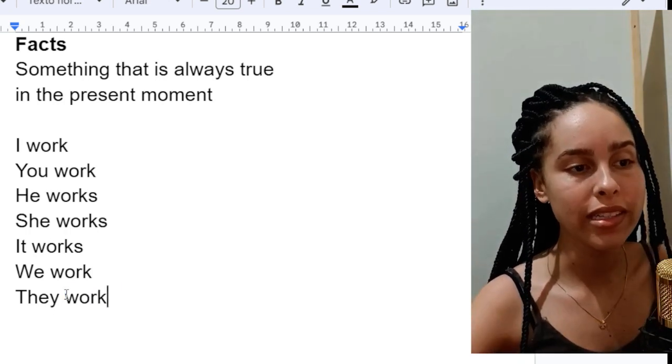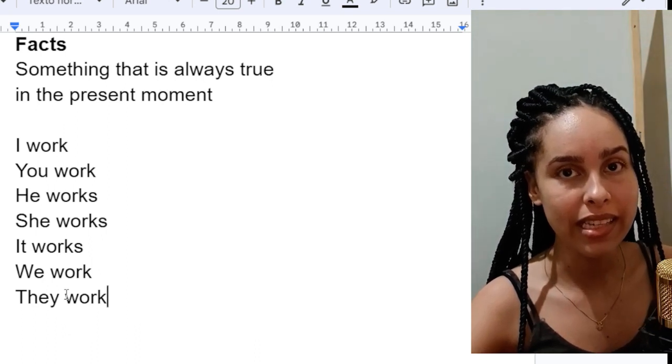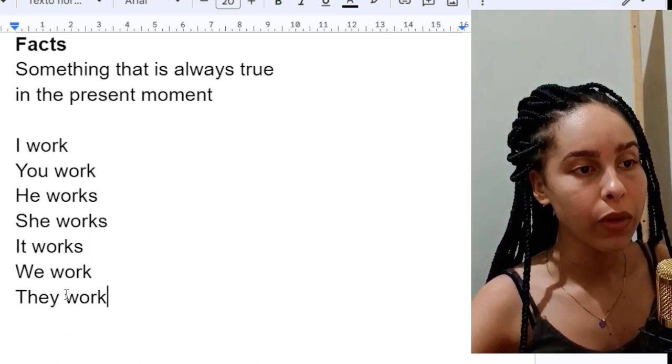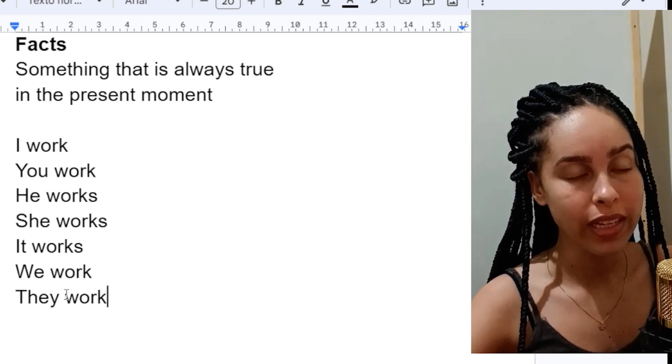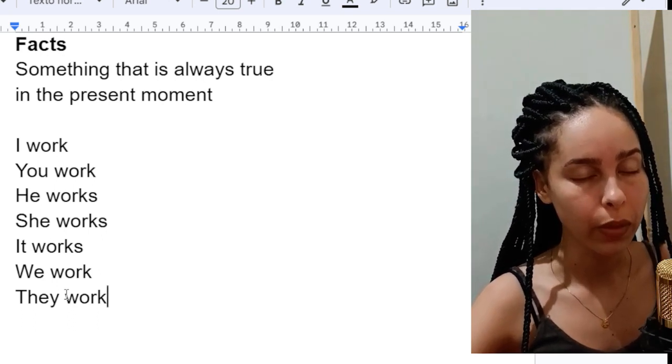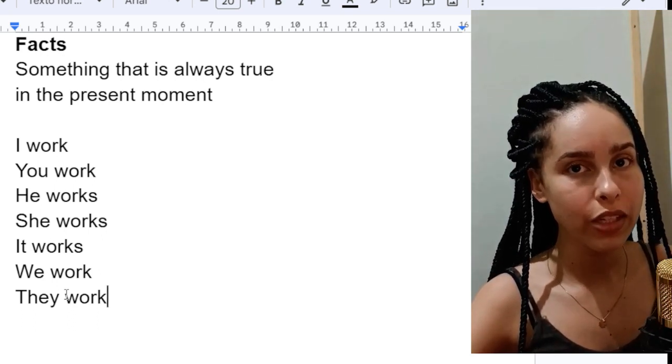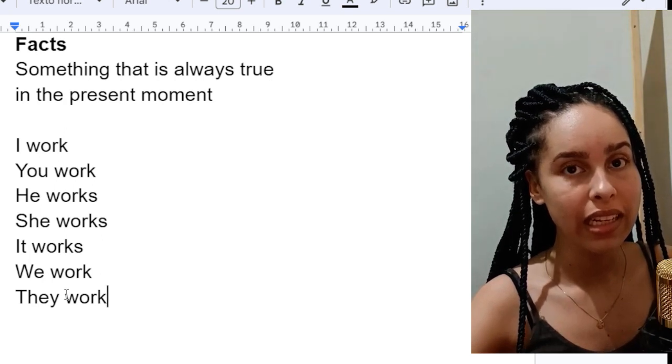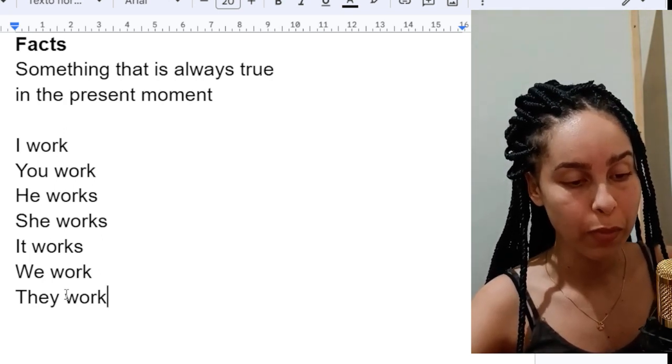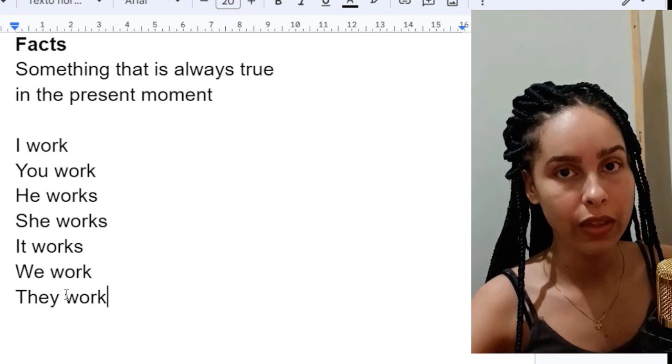So it works exactly the same way. I work, you work, he works, she works, it works, we work, they work. Okay? So pay attention to it when telling a sentence to someone because it needs to agree.